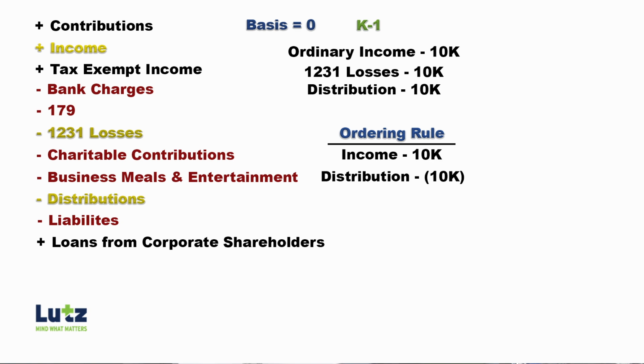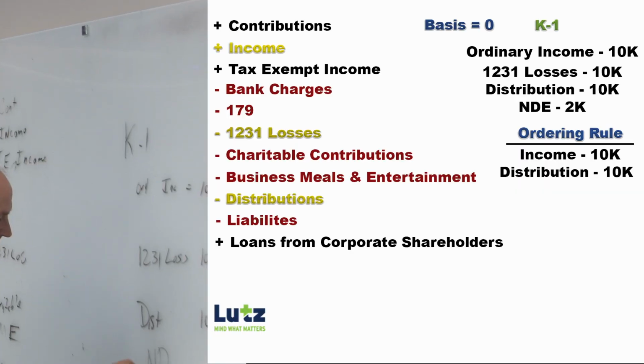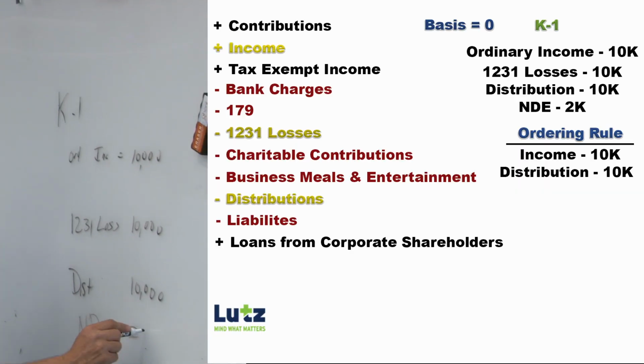Is the rest of loss carryover? What's next? Non-deductible. You know what? Let me revise my facts because actually that's kind of important. Non-deductible expenses, 2,000. Because that is really important. I should have been smart enough to get ahead of that one.